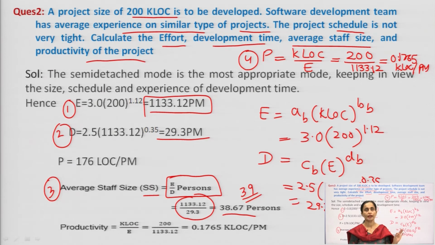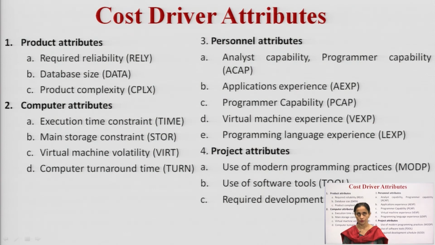The first one is effort, the second is development time, the third is average staff size, that is E upon D, and the fourth is the productivity of the project, calculated as KLOC divided by E. That comes out to be 0.1765 KLOC per person month in this question.